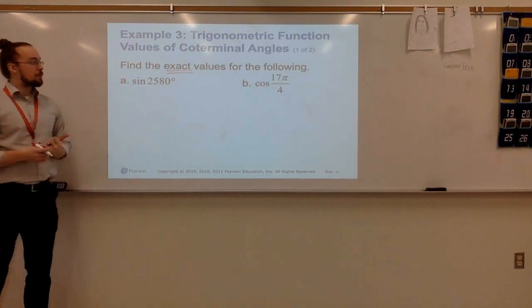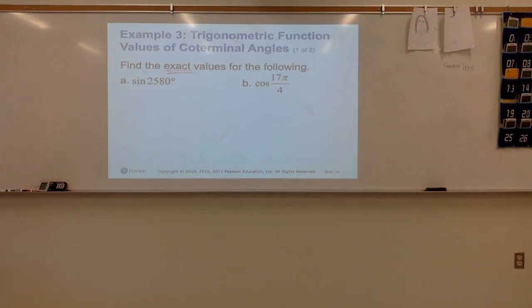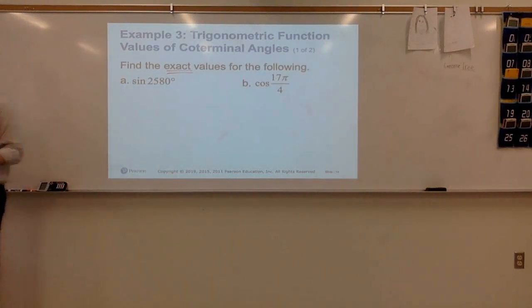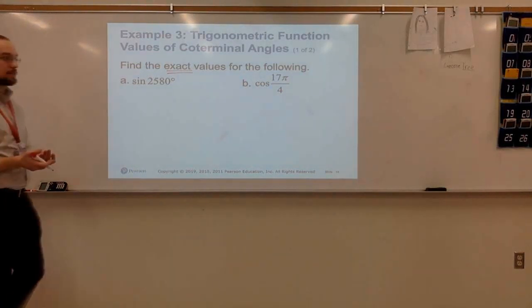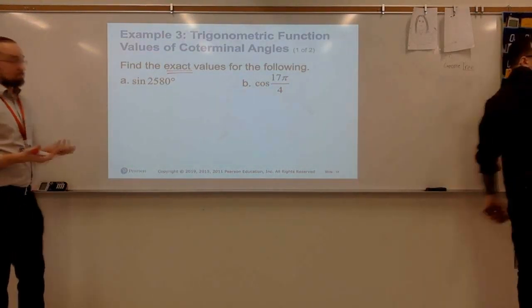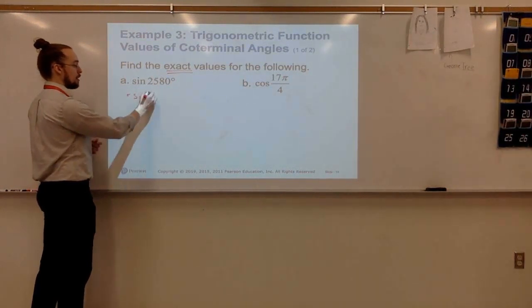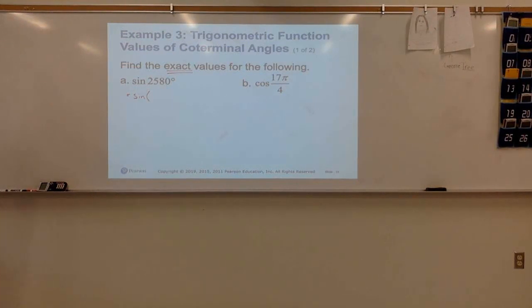So to find the sine of 2,580, what we want to do is start subtracting 360 degrees until we get to an angle that we recognize, basically an angle in between 0 and 360. So start subtracting 360 until we get to something in between.